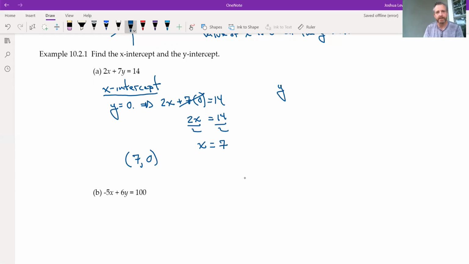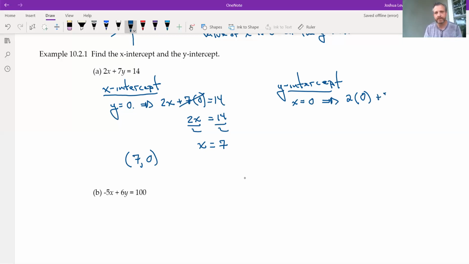Now, what about the y-intercept? Well, with the y-intercept, I know that x is 0. And so if x is 0, I'm going to replace my x in the equation with 0.